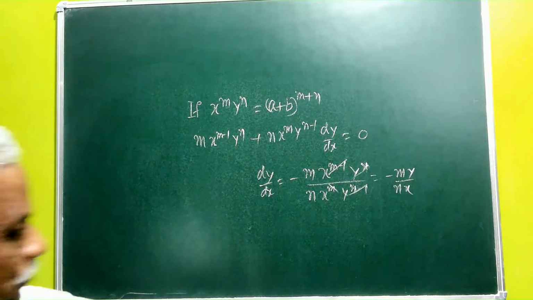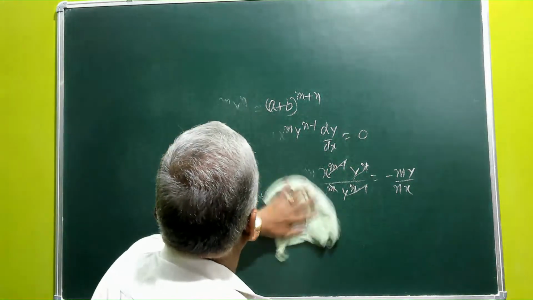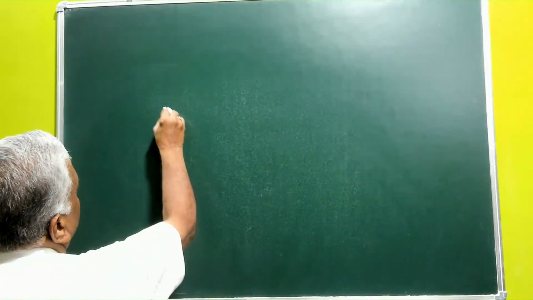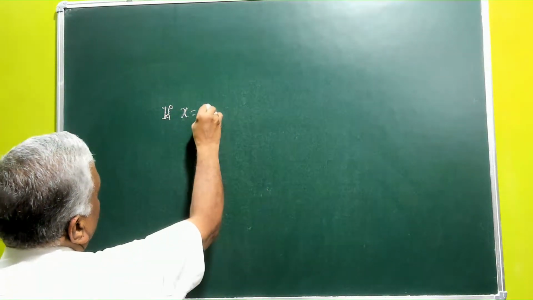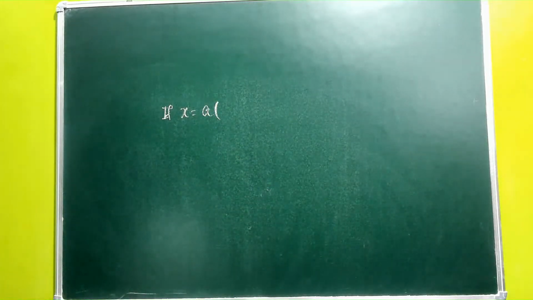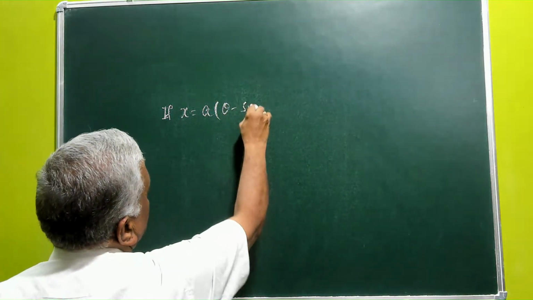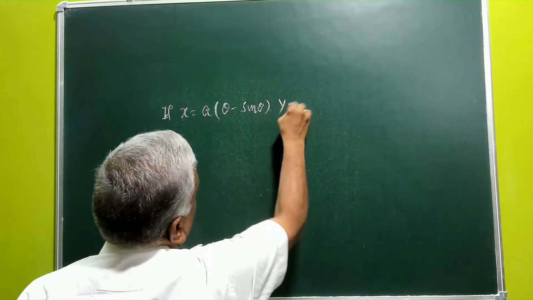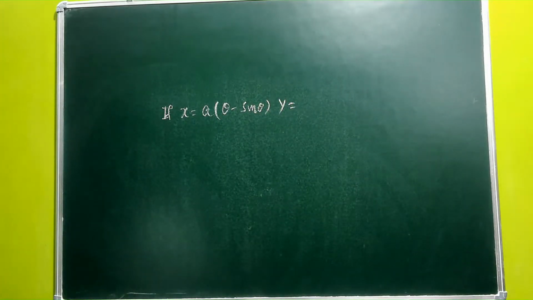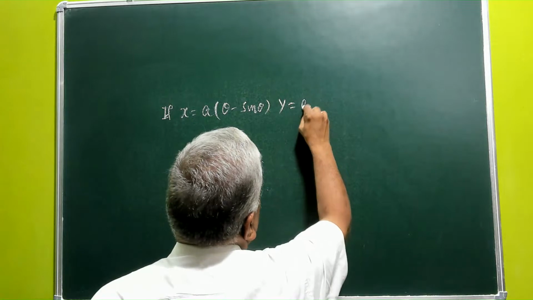The next problem. If x is equal to a into theta minus sin theta, y is equal to a into 1 minus cos theta.